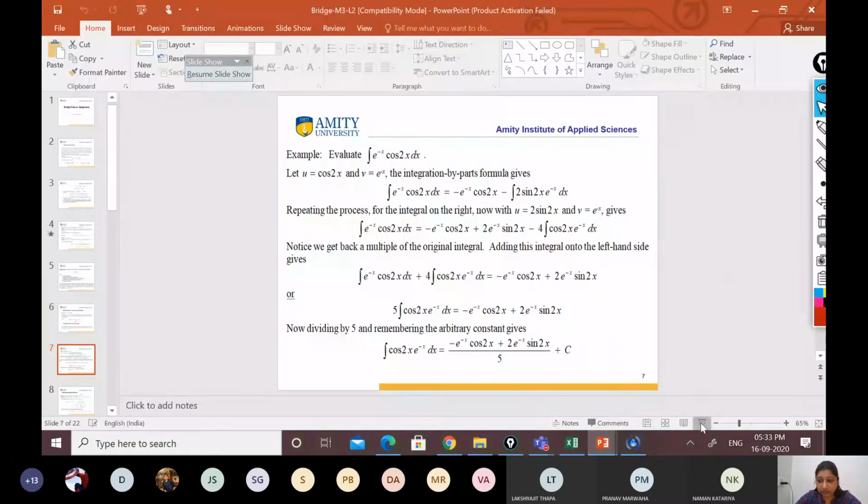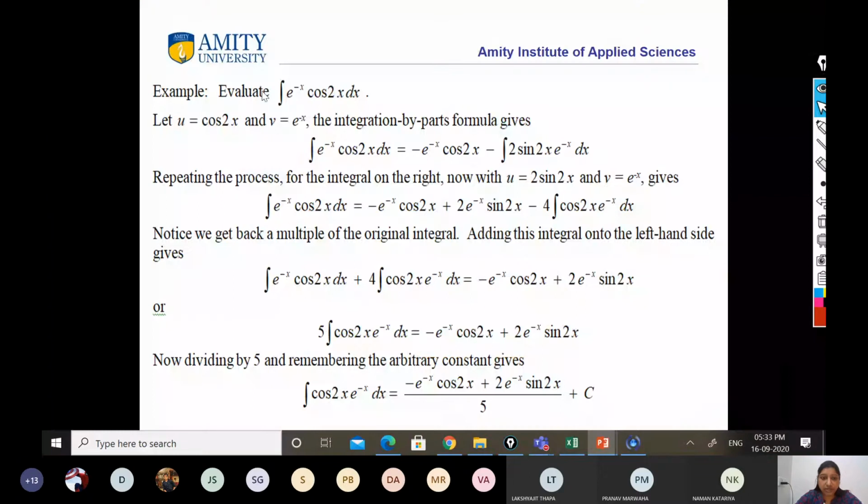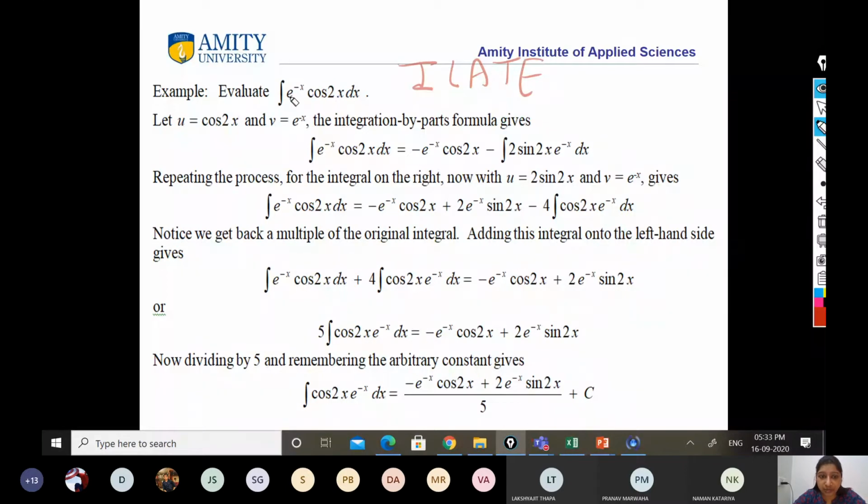So again we are using the rule ILATE. According to it, we have two functions here, an exponential function and a trigonometric function.